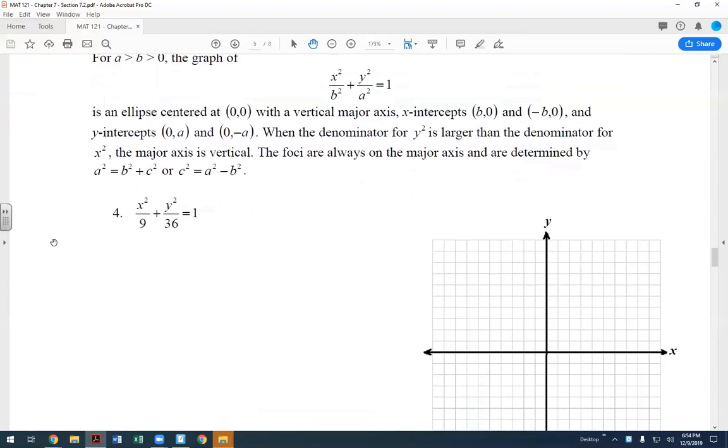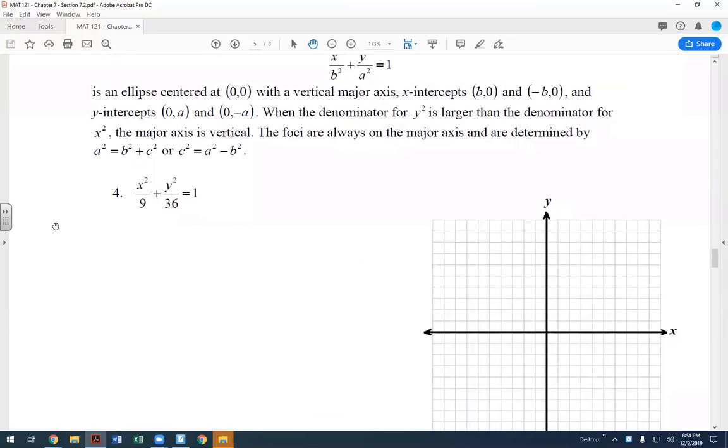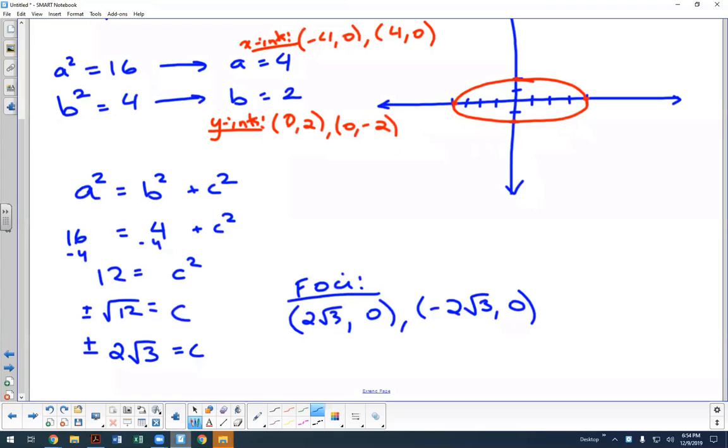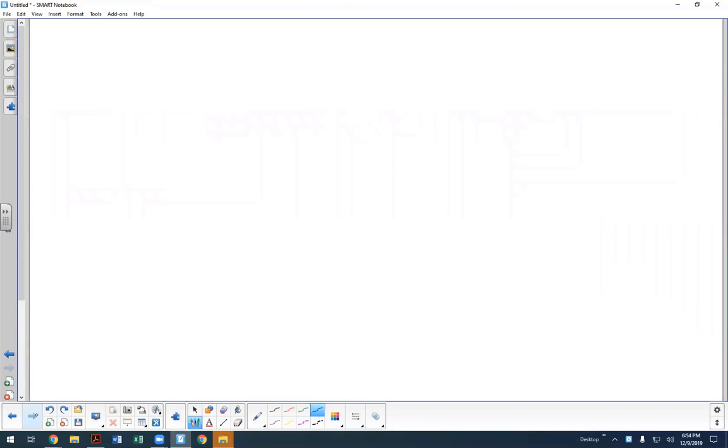Now this example, of course, is talking about the other orientation, because you can see my larger denominator 36 is underneath the y, which means I'm going to have a vertical major axis. So my larger denominator is under y, that's going to be our a squared.